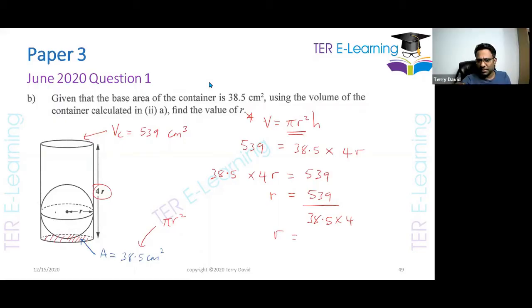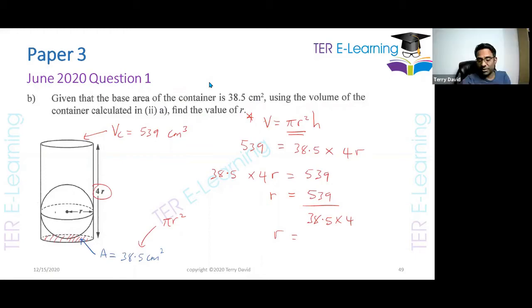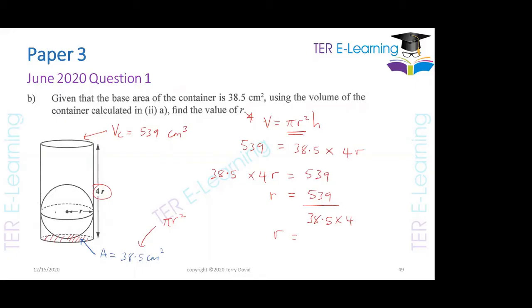Like 539 over. What you put 38.5. What you put in your calculator there, will it be with brackets or no?